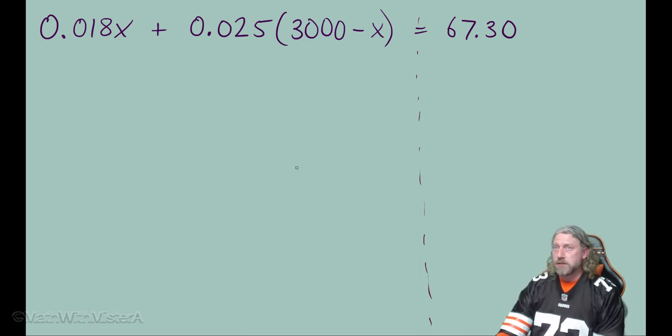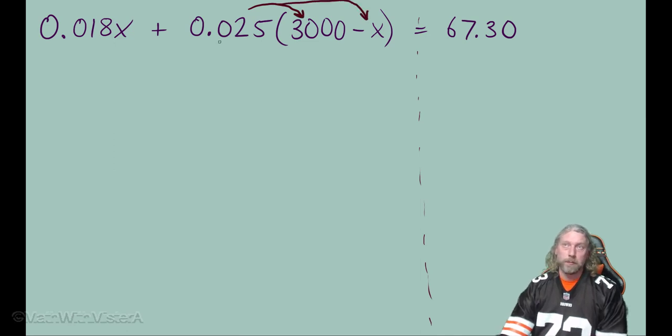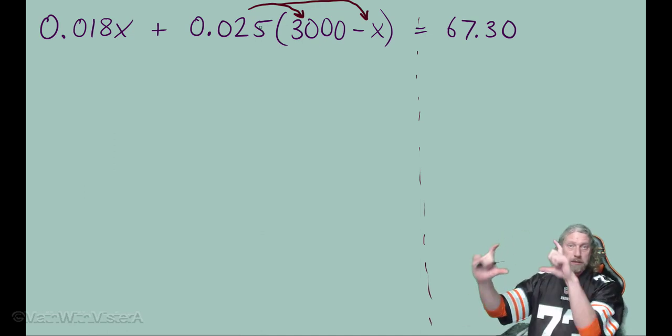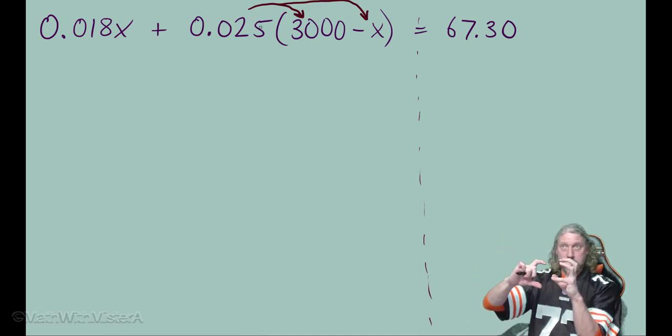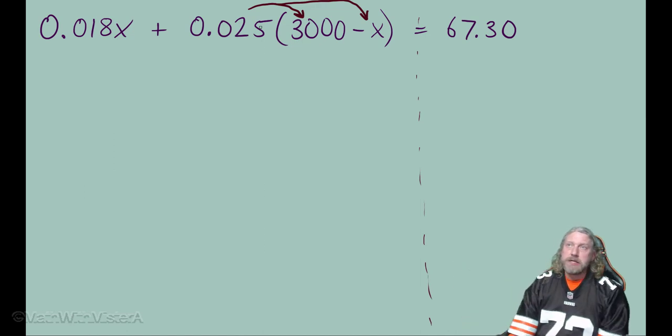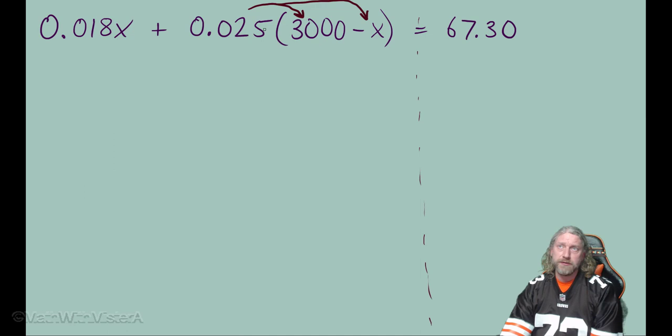Usually it might look a little bit different, but that's really our goal to get these linear equations solved. So we need to notice that we've got this instance up here where we need to distribute. We're multiplying 0.025 times these two terms, 3,000 and minus X. So we need to distribute with multiplication. 0.025 times 3,000. That equals 75.